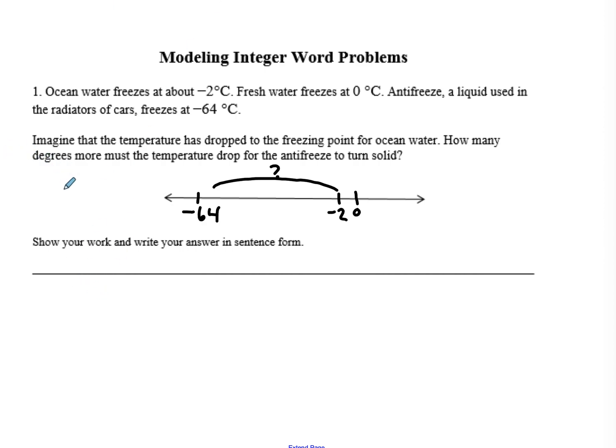Okay, so I'm writing negative 64 minus negative 2. Okay, boom, change to addition. Boom, change the sign. Negative 64 plus positive 2. Different signs, find the difference. It's going to give me negative 62 degrees Celsius.